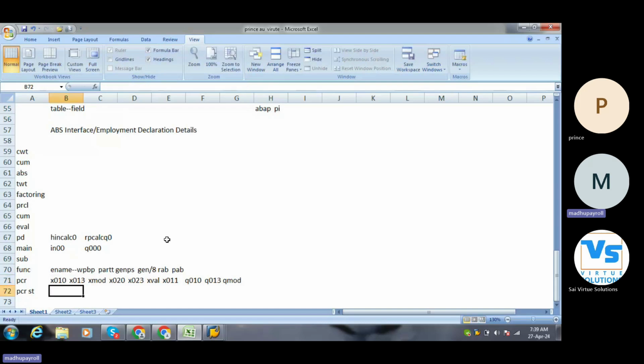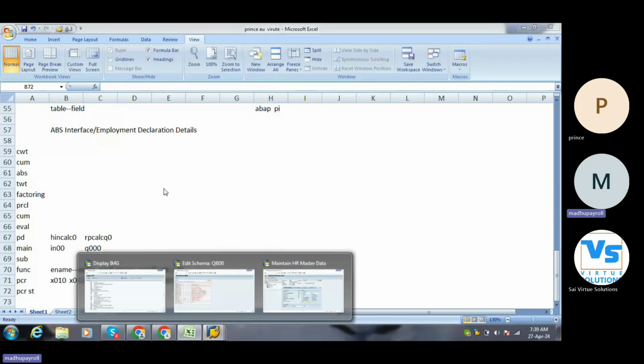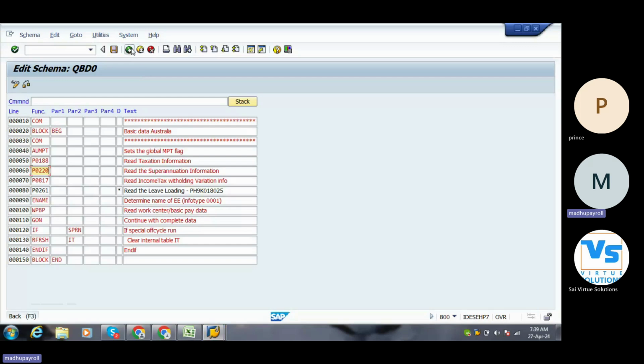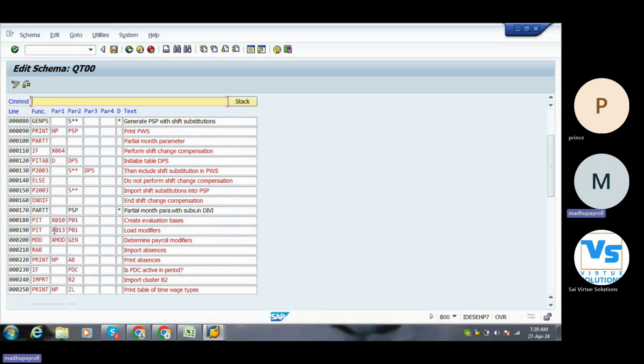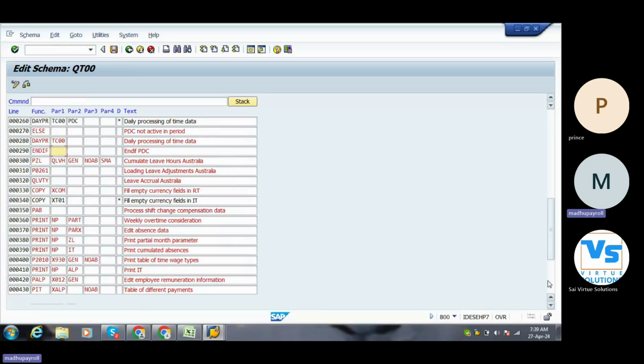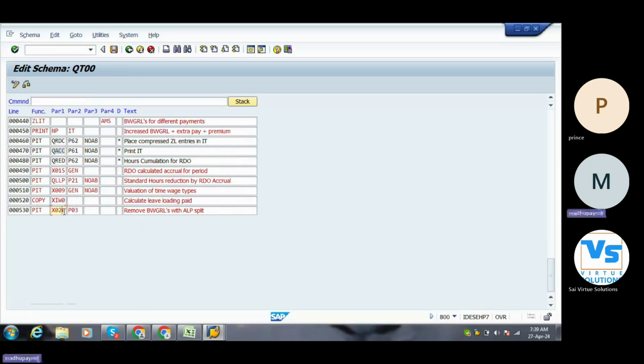Or else it can be X also. Let me show you how it is here. Let us go to QT00. They are not using X010, X013, XMBOD, X064 here, nor X012 and X020. Here they have specifically QLP only for this.